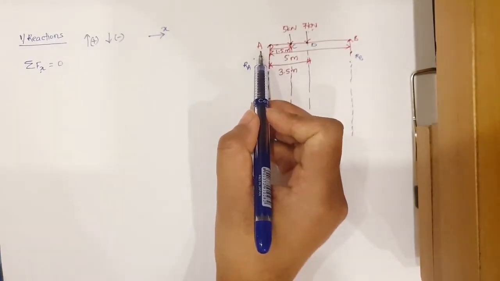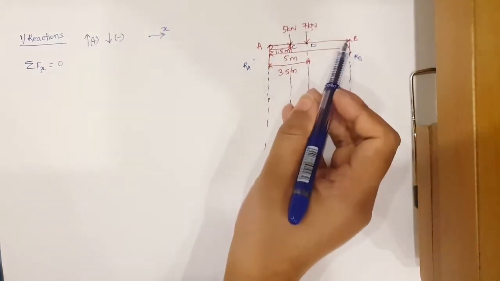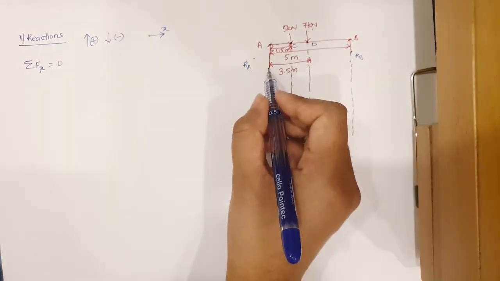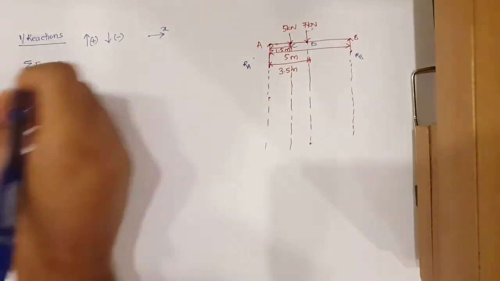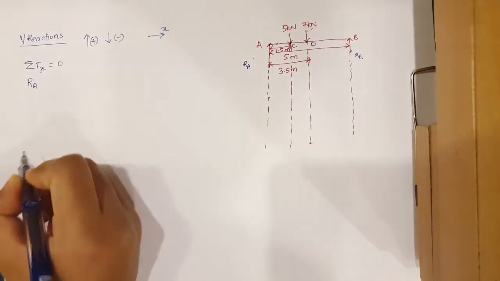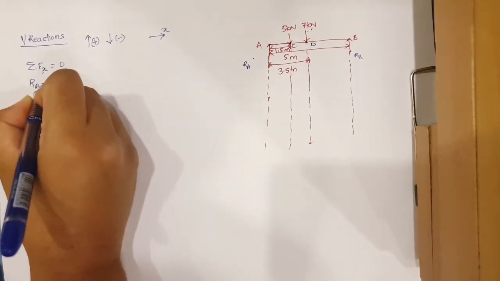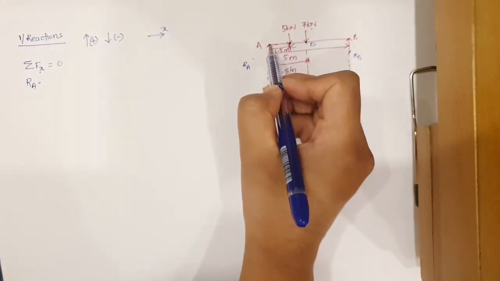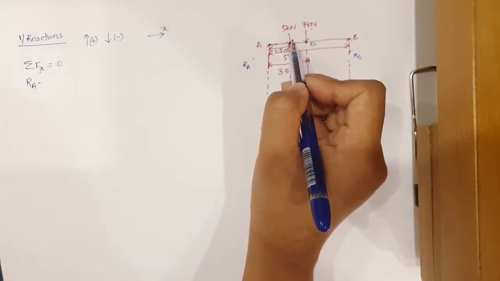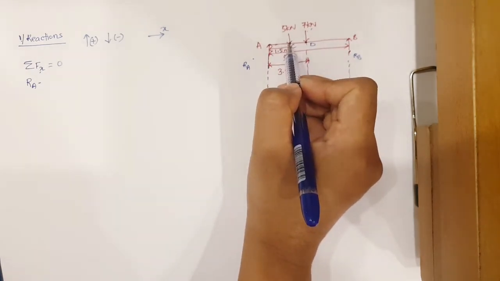Now as we move from A to B, first force that is coming is reaction RA. Reaction RA is going from bottom to top, so bottom to top is positive. So we have RA positive. Next, we finish at point A. Now as we move ahead, here we have 5 kN load.